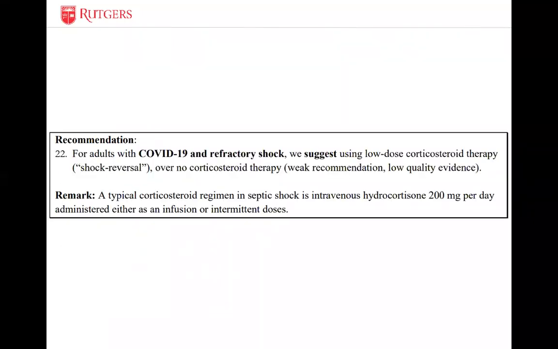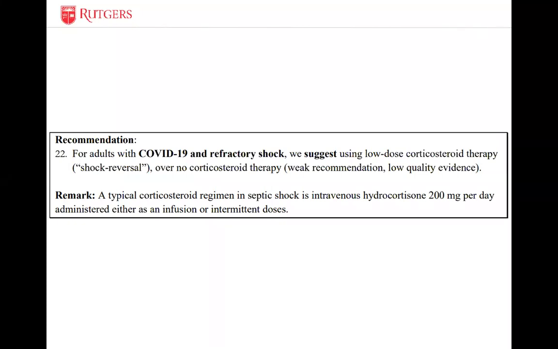Okay, so for patients with COVID-19 and refractory shock, and usually when we define refractory shock, we're talking about patients that are on 2 or more vasopressor agents, they're suggesting doing low dose corticosteroids. Basically, this is stress dose steroids.